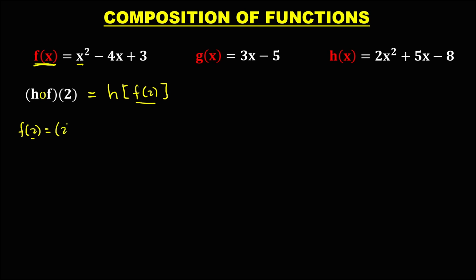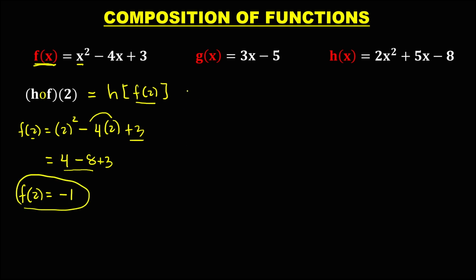So this becomes 2 to the power 2, then minus 4 times 2, then plus 3. 2 squared, this one is 4. Then negative 4 times 2, this one is negative 8. Then bring down this positive 3. So therefore f of positive 2 equals, this one is negative 4 plus 3. So f of positive 2 is negative 1.